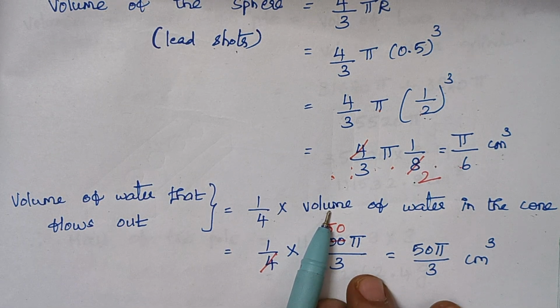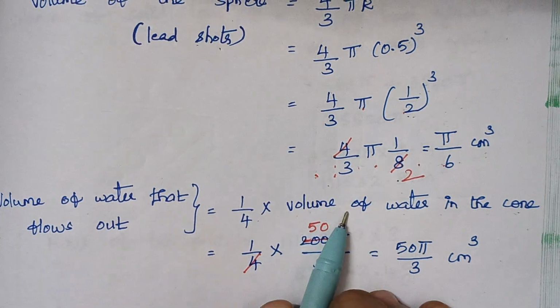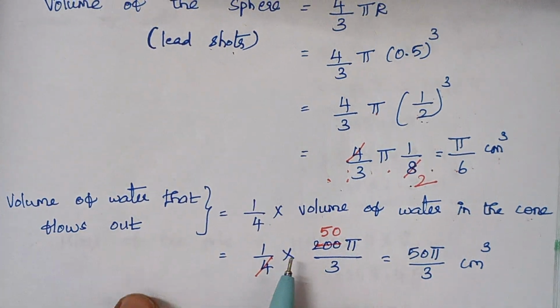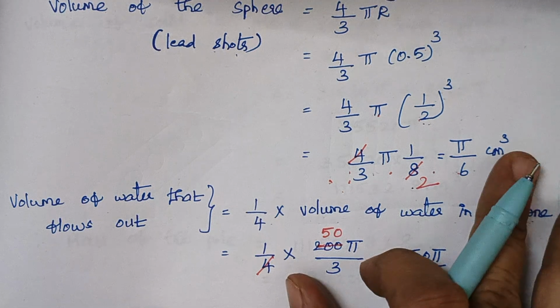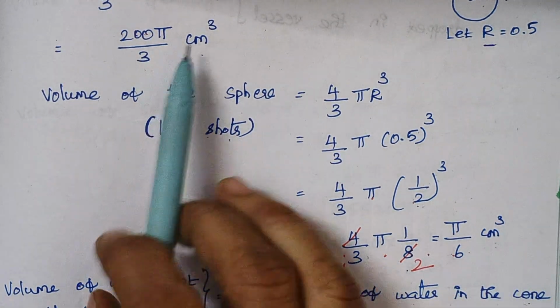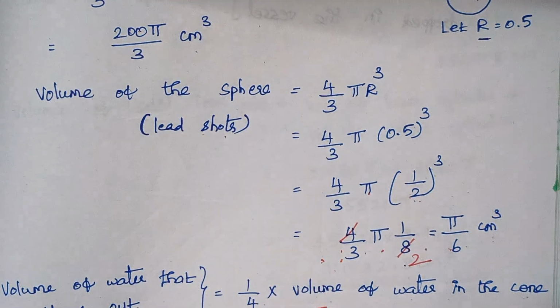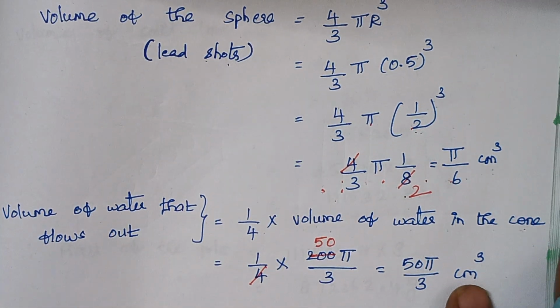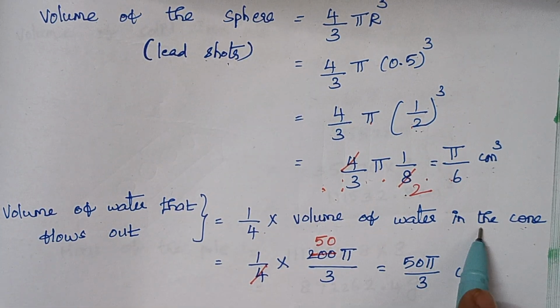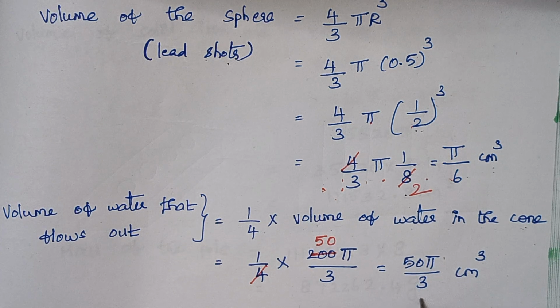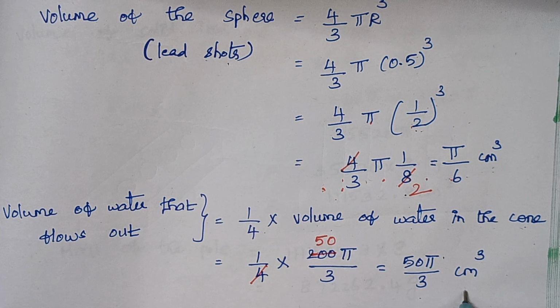So what is the water that flows out? 1/4 into the volume of the cone, which we calculated as 200 pi by 3. Just substitute it over here. The amount of water that flows out is 50 pi by 3 centimeter cube.